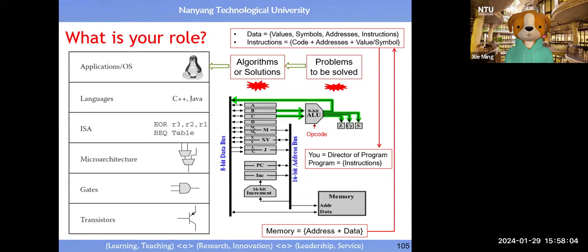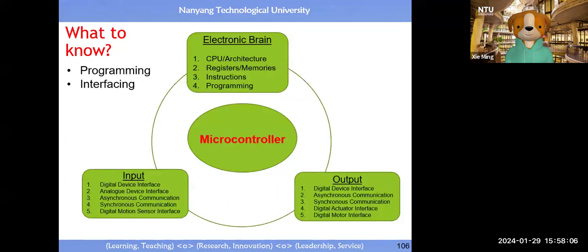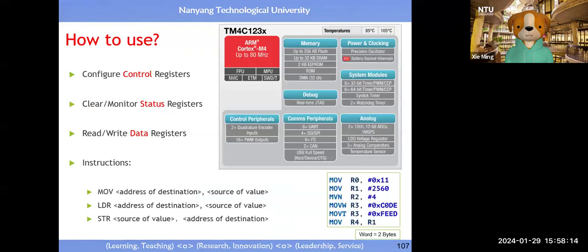So your role is user, always remember. If you want to know the full detail about the microcontroller, then you need to study all those details. As a user, you just need to know how to configure the built-in hardware, how to monitor the operation of the built-in hardware, and how to read and write the data.